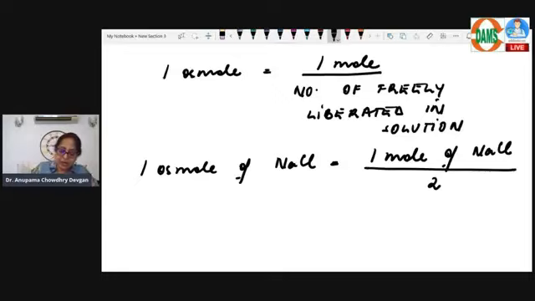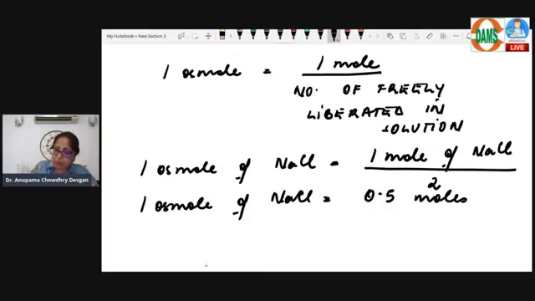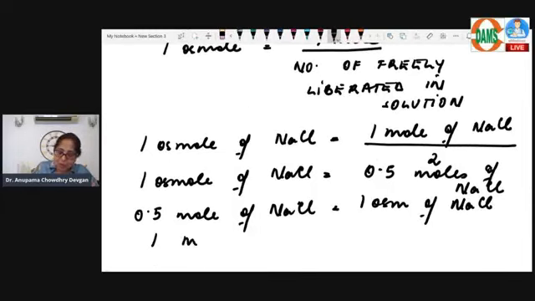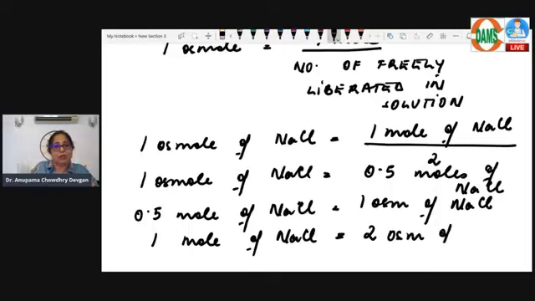So, in other words, 1 osmole of sodium chloride is equal to 0.5 moles of sodium chloride, or in other words, 0.5 moles of sodium chloride is equal to 1 osmole. So 1 mole of sodium chloride will be equal to 2 osmoles of sodium chloride.